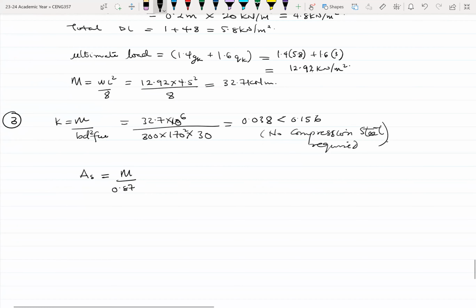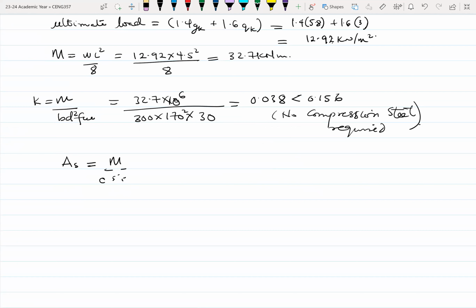So you've come across these equations before by just using the same equations, because everything is similar to that of beams.